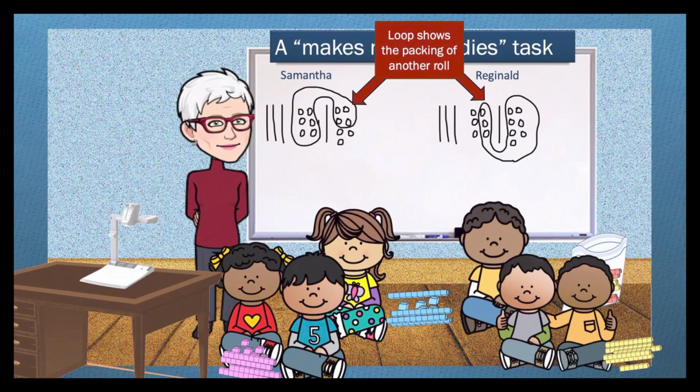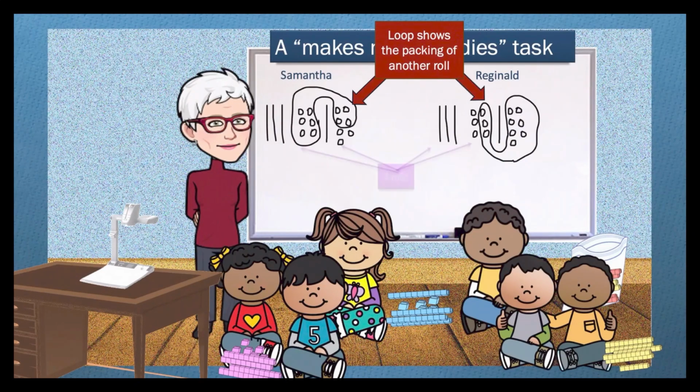Samantha used 6 of the original pieces along with 4 of the additional candies that were made, while Reginald used all 7 of the additional candies that were made along with 3 of the initial 6 pieces to pack into another roll. In both cases, there are now 5 rolls and 3 pieces for 53 candies.